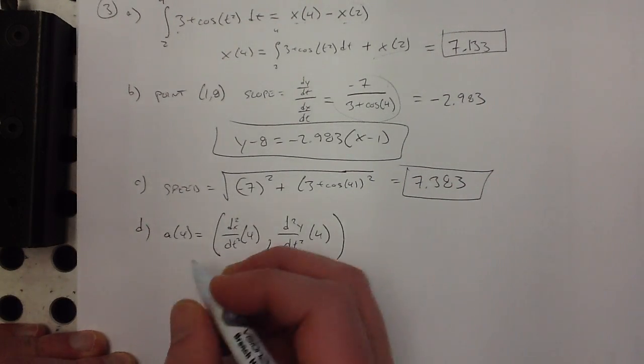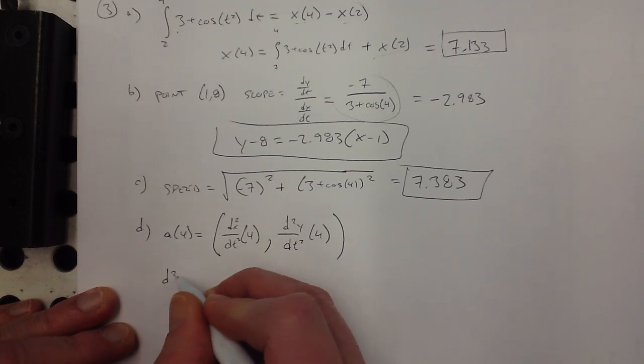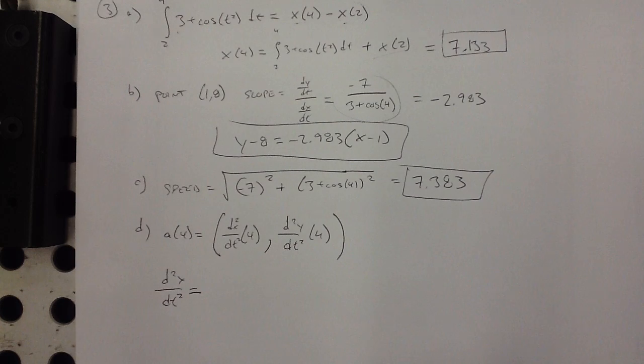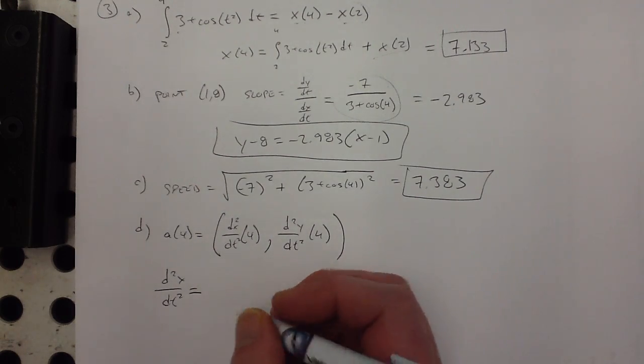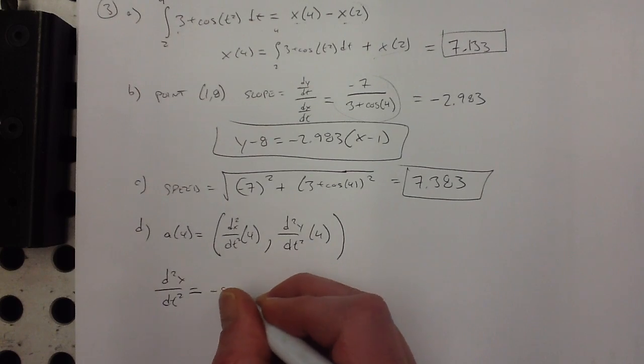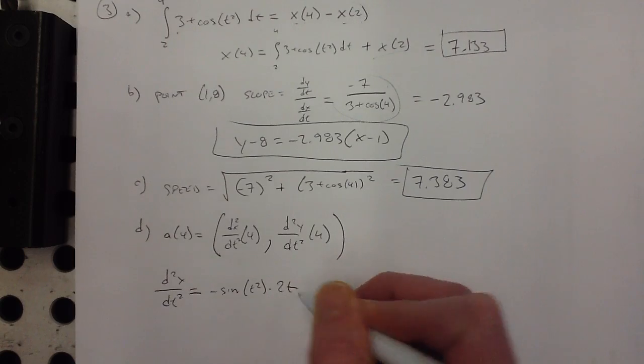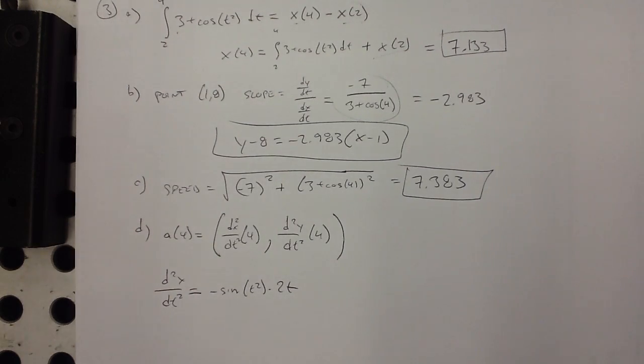We know that, so the second derivative of the x function, we already have its first derivative. Its first derivative is 3 plus cosine of t squared. So its second derivative, the derivative of the 3 is 0, the derivative of cosine is negative sine of t squared times the derivative of what's inside. All right, so we just need to plug 4 into that.